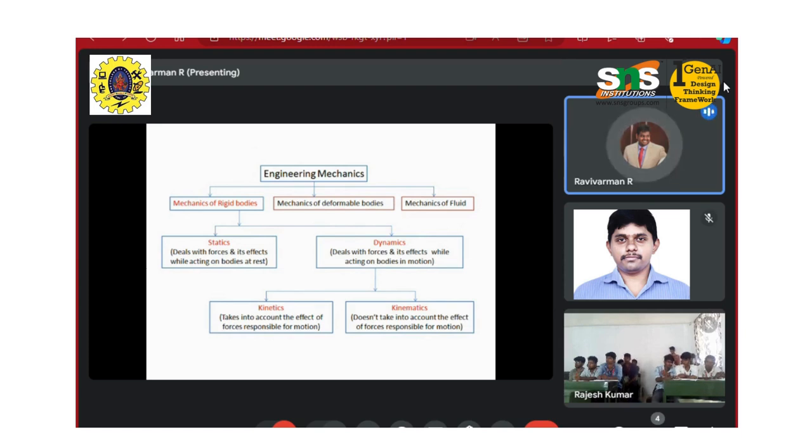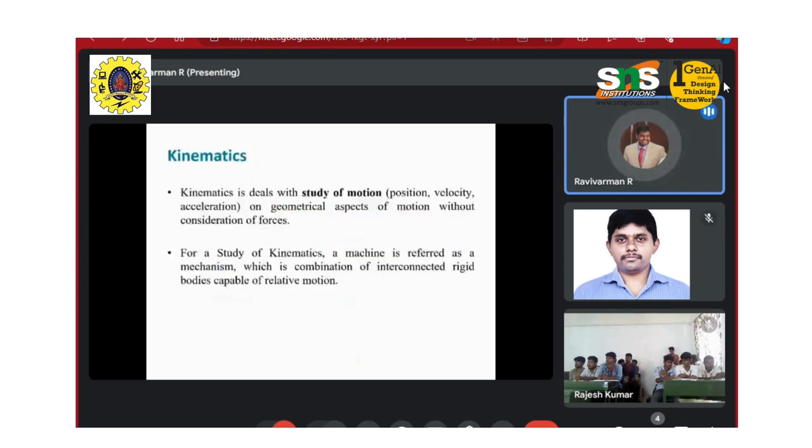So finally, we will be doing synthesis of the system to develop it into a real-time application. Okay, so the basic thing I told here is that kinematics deals with the study of motion, like position, velocity, acceleration, and the geometrical aspects of the motion, without considering the forces which make the motion.